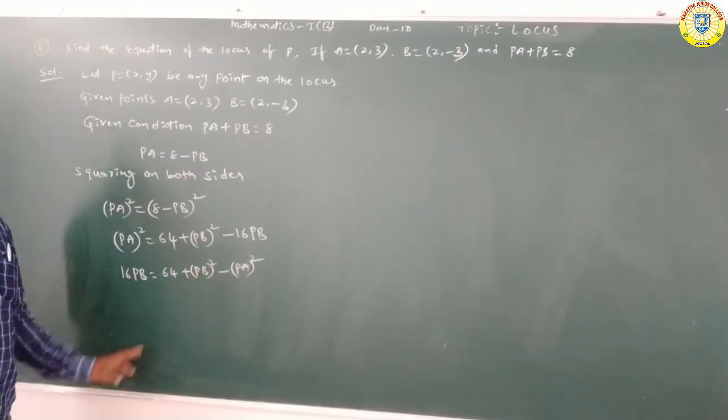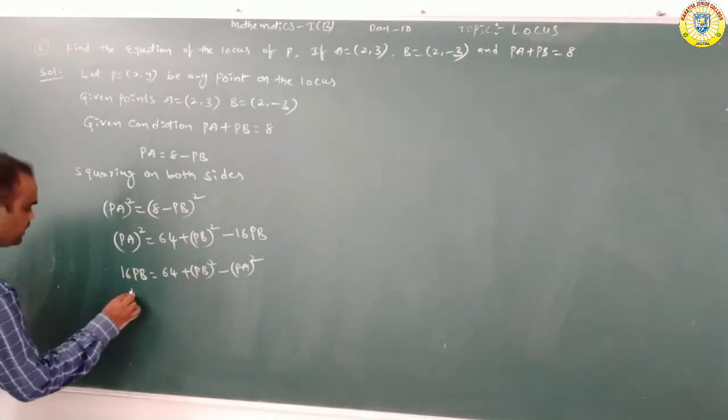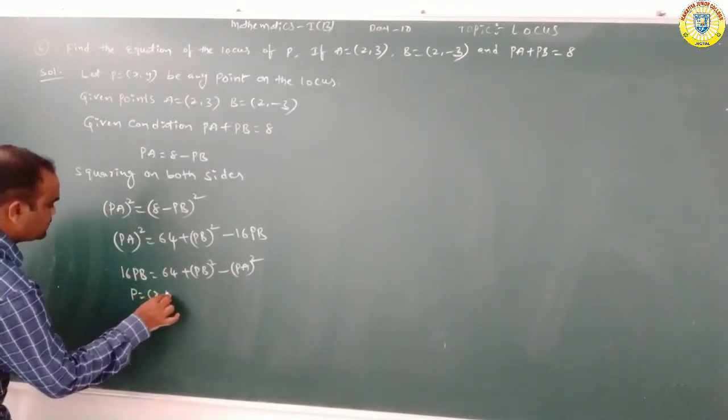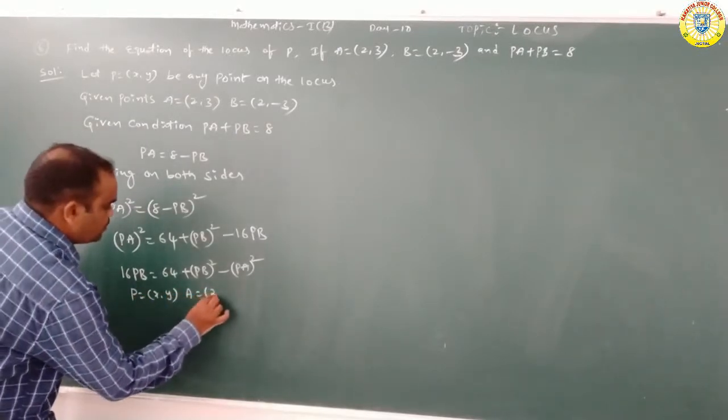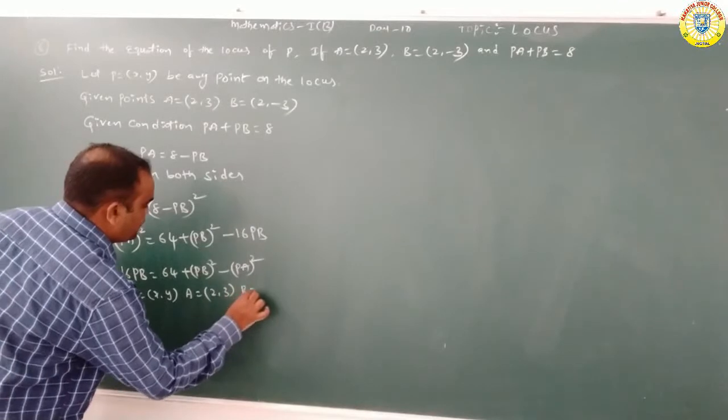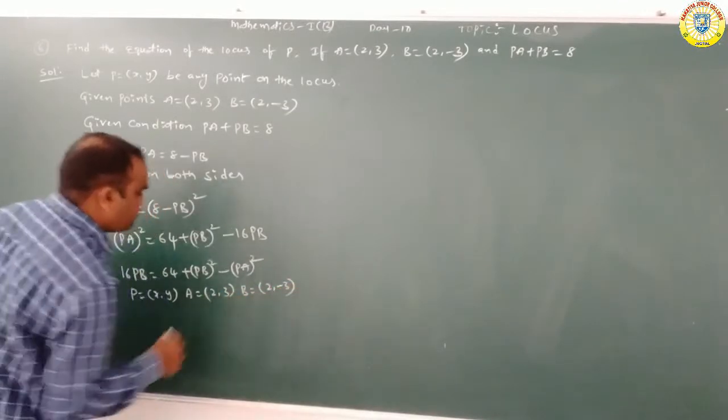Okay now, we are substituting the values. P is equal to (x, y). A is equal to (2, 3). B is equal to (2, -3).